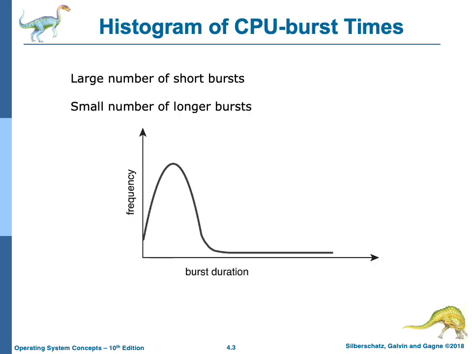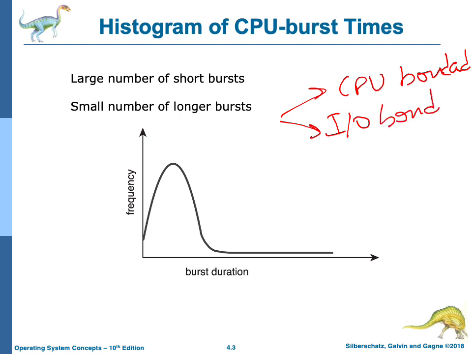So remember that processes are different in terms of the duration of their burst cycle and the frequency of these cycles. For example, remember we talked about two types of processes: CPU bound processes and I/O bound processes, right?